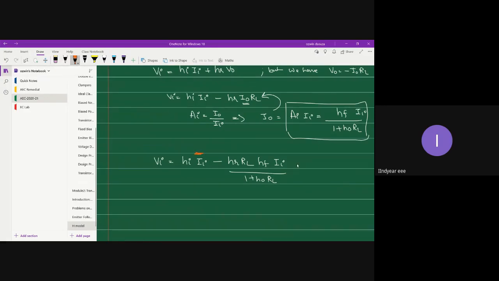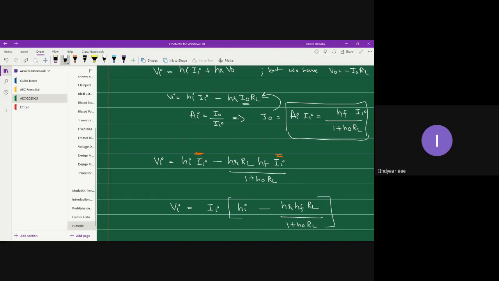See, Ii is common, so take it out and take the ratio Vi by Ii. That's how we do all our derivations. So Vi is equal to Ii times Hi minus HR HF RL divided by 1 plus H naught into RL.